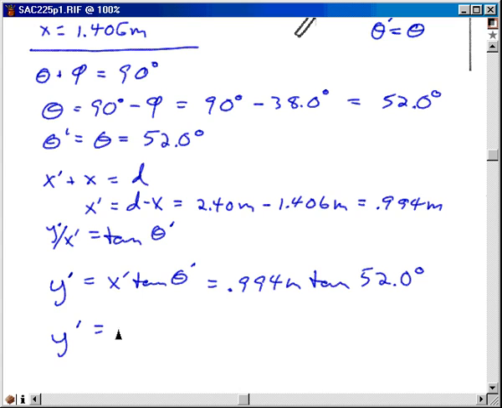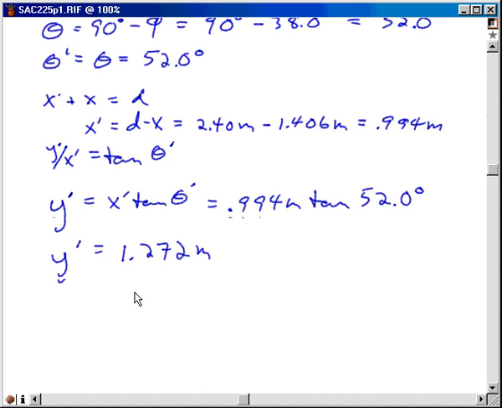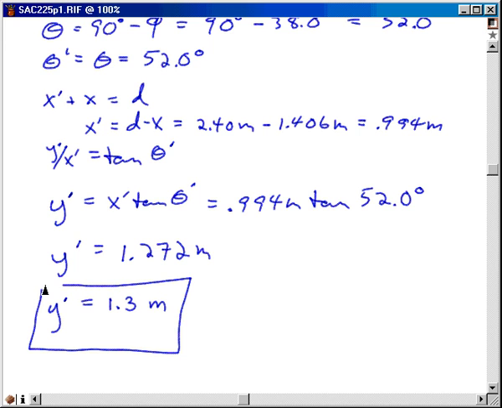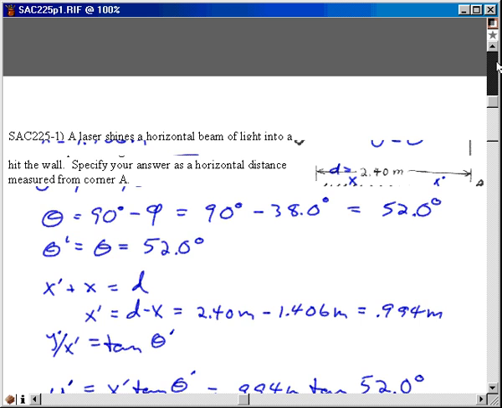Y prime is equal to 1.272 meters. Okay, this is really only good to 2 sig figs. So rounding the whole result off to 2 sig figs, I get 1.3 meters for my final answer.